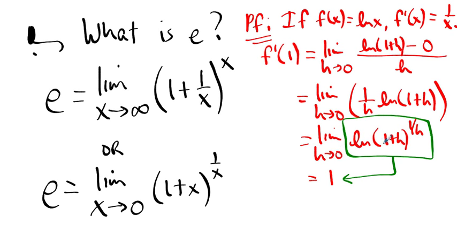And if the natural log of a quantity approaches 1, then that quantity itself approaches e. And once you establish this, it's really easy to establish that. And I'll let you figure that out in the privacy of your own home.